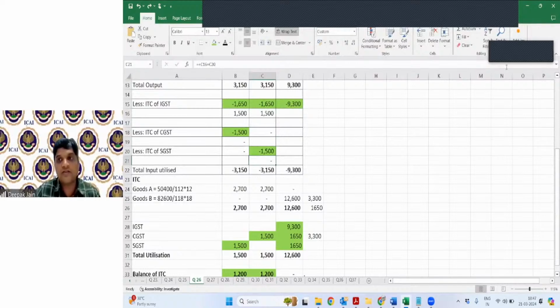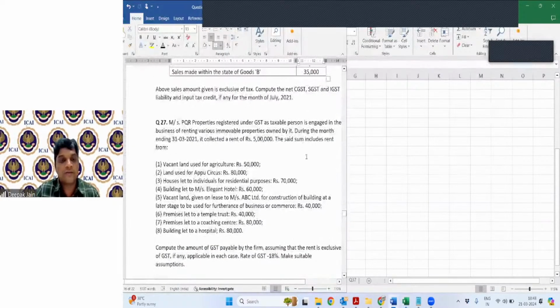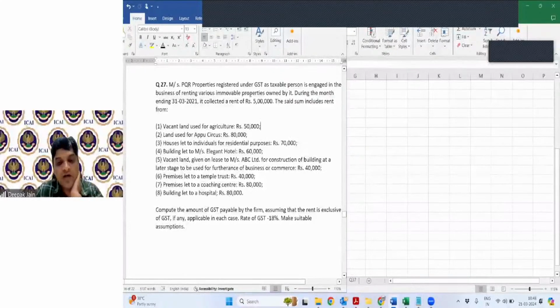Okay, let's proceed with the next question. Messrs. PQR Properties, registered under GST as a taxable person, is engaged in the business of renting various immovable properties owned by it.